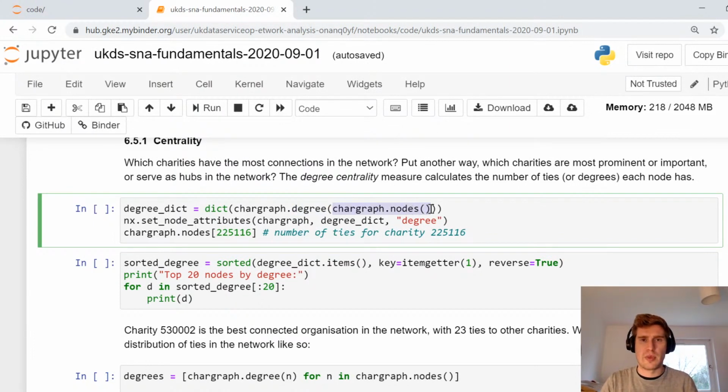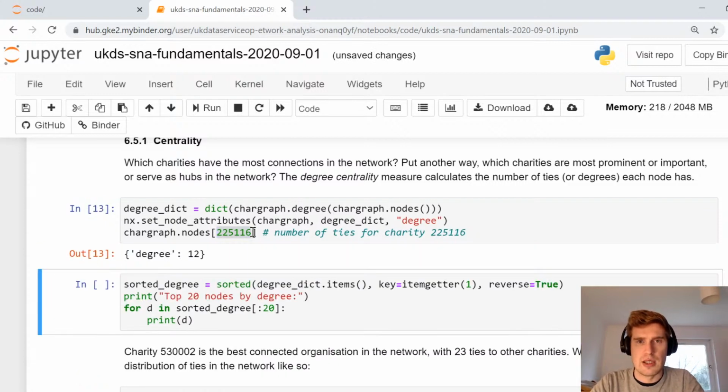So I basically say to Python, look at all the nodes in my network and count all the connections between them, and I store the results in a variable called this just here. I want to take a quick look at this charity, which I've plugged in semi-randomly. Charity number 225116, tell me the number of connections, or the number of ties, that charity has. So this charity has 12 connections to other organizations in the network.